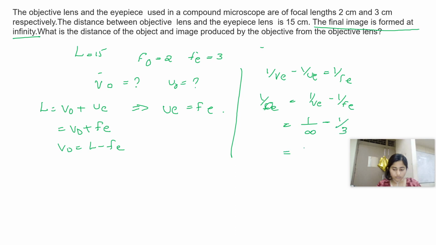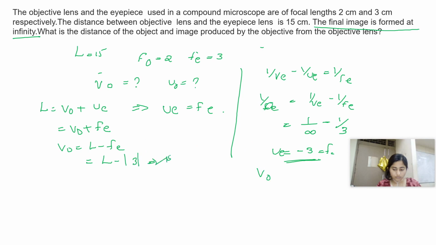So your answer will be UE equal to minus 3, which is the same as FE. Then to get the value of VO, it will be the length minus the magnitude of this value, which is 3.